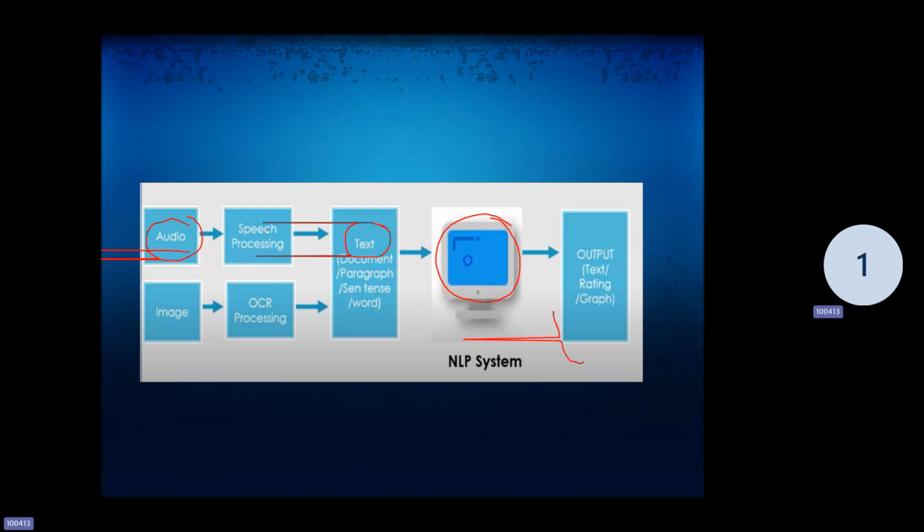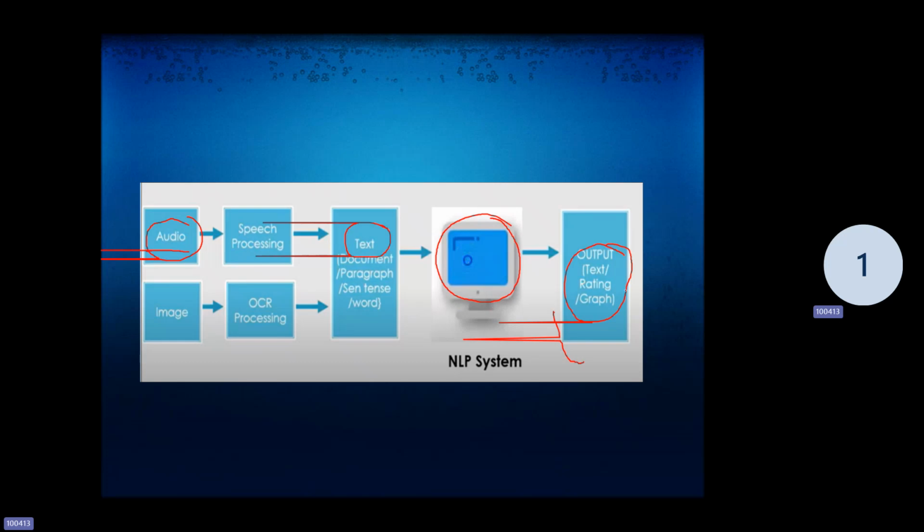See, here what is the input? It's audio, and what you get is text format. On the basis of your query, it gives you some text output. Let's take an example of Alexa where you give audio as input, then it converts into speech processing, then text, then the NLP system, which has so many machine learning algorithms, gives output in the form of audio.